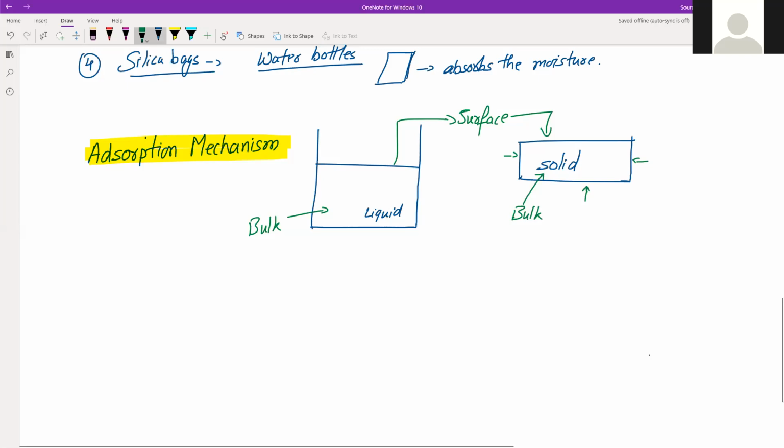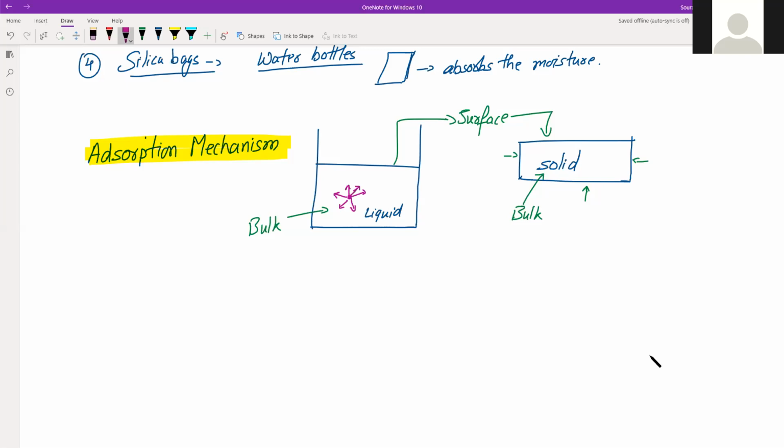So if I consider a molecule in the bulk of the liquid, there are identical liquid molecules all around it. So the forces which it will experience will be equal in all directions. It will get attracted by the nearby molecules in all directions, and those forces will be equal.